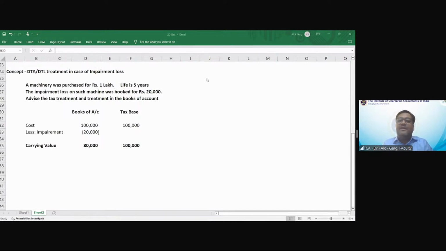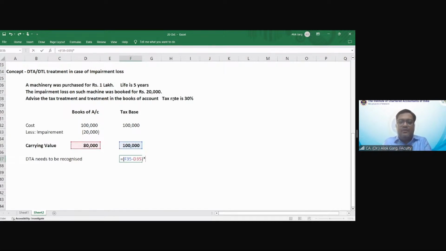So for example, tax rate is 30%. In this case, deferred tax asset needs to be recognized, on the difference between book base and tax base.